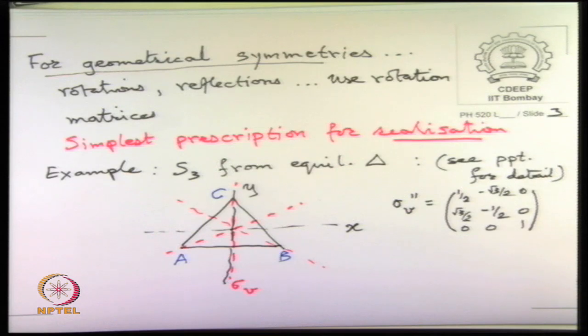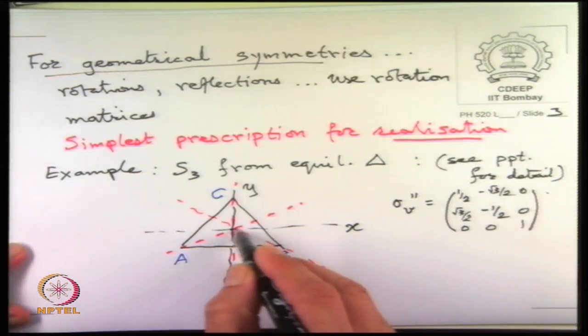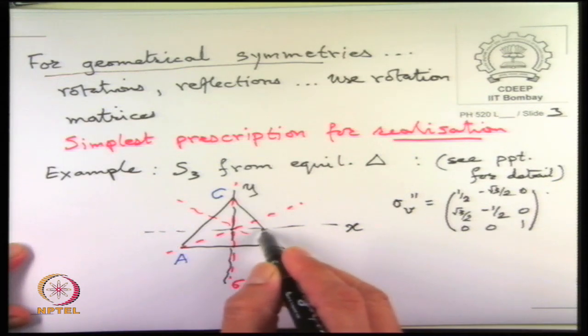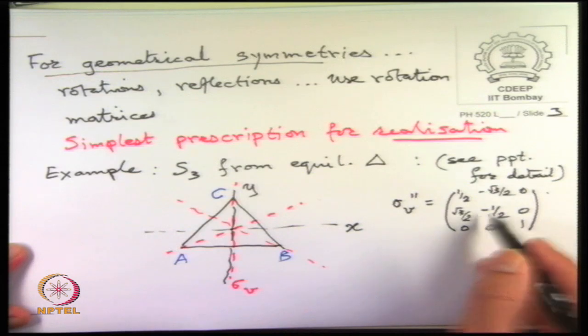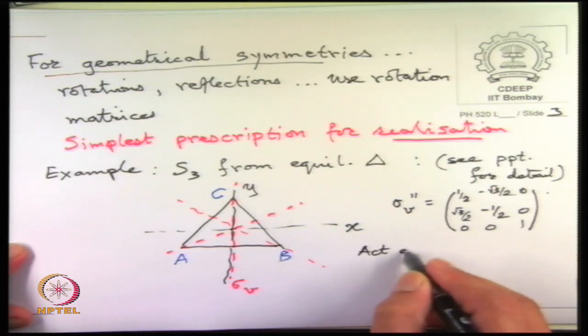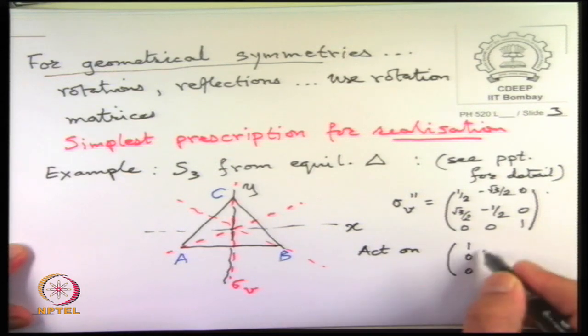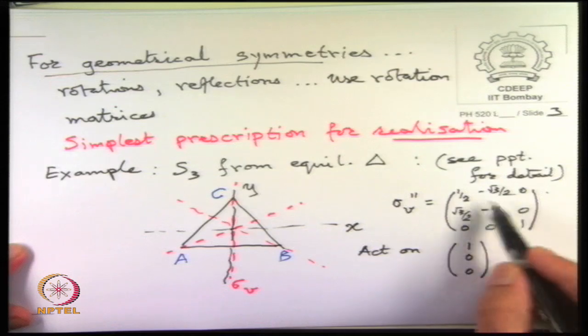One thing is to let it act on 1, 0, 0. So suppose I have a vector in this direction, let us see where it goes under this operation. So what does it do?